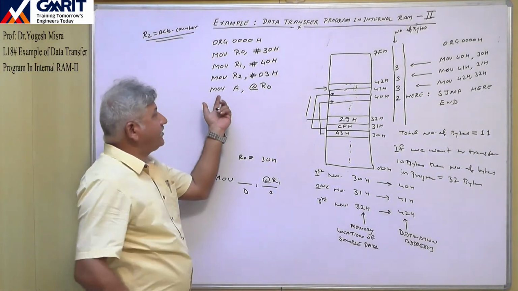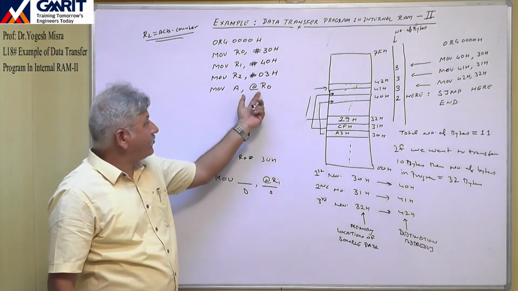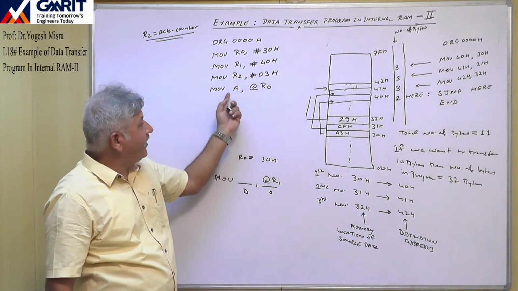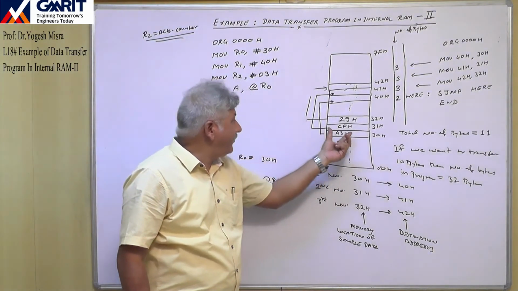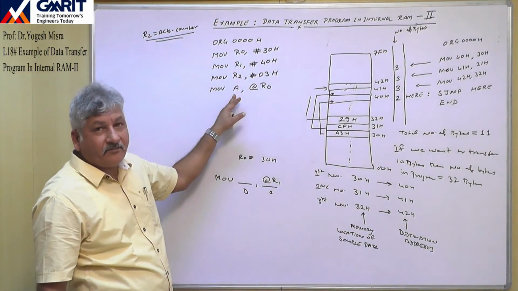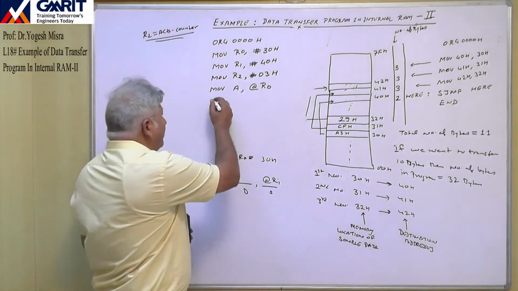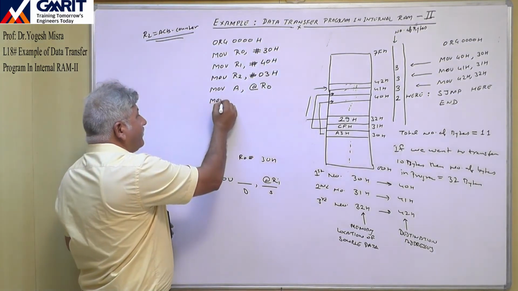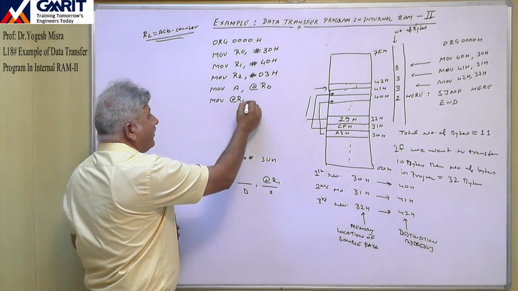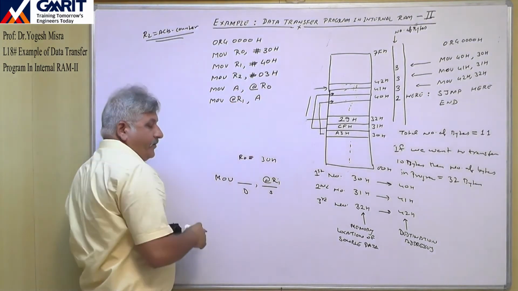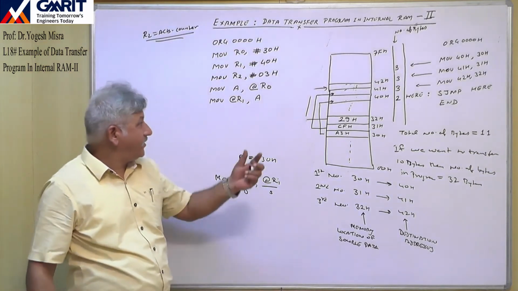So now with this instruction, the content stored at 30H will be moved in A. At 30H we are having A3. So A3 will be moved in A register. Now after this instruction I will write MOV @R1, A. Now what is the meaning of this instruction?